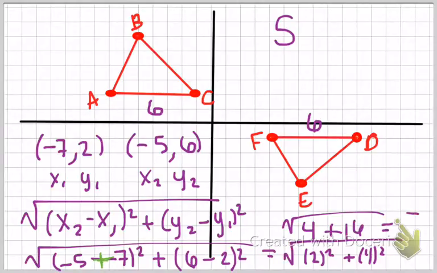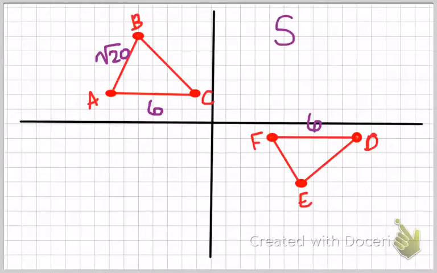So that's the square root of 16 plus 4, 20. So we get that AB is the square root of 20. And if we do it again for, I don't know, maybe it looks like it's the same as FE, I'm going to start by finding the location. F is located at 4, negative 1.